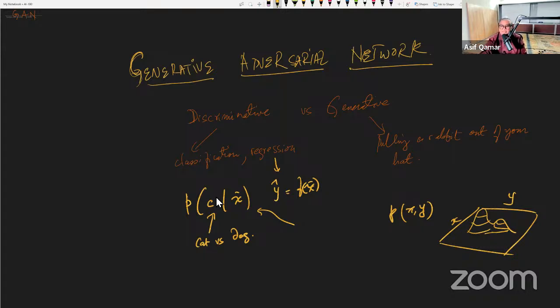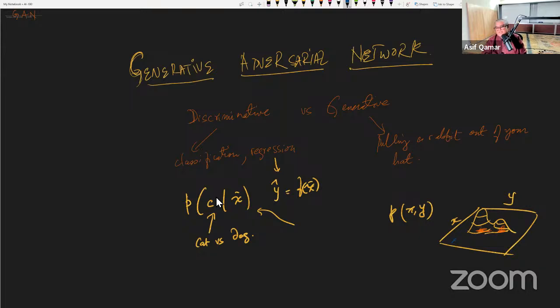What does it mean in real terms? That these points are much more likely. You see that, right? In the plane, these points are much more likely. On the other hand, this point is unlikely. Why? Because the joint probability of that point is close to 0. Does that make sense, guys?